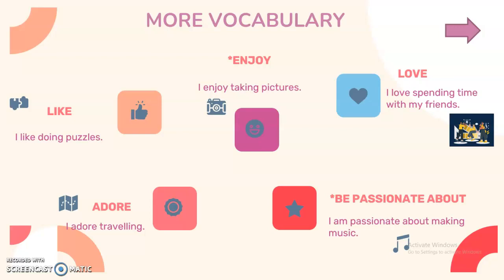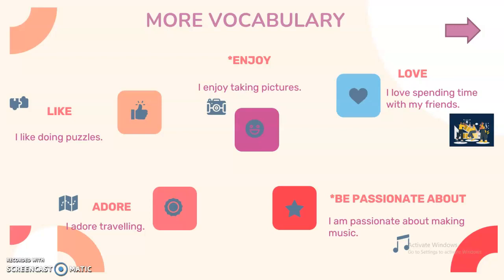All the verbs that express likes and dislikes can be followed by the ing form. For example, I like doing puzzles, I enjoy taking pictures, I love spending time with my friends, I adore traveling, and I am passionate about making music. But not all of them can be followed by the to infinitive.